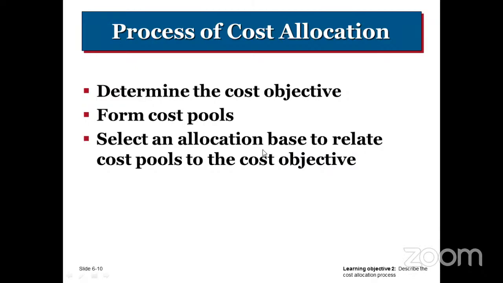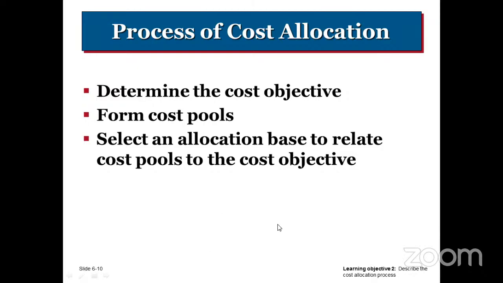So the allocation base is equivalent to total overhead cost, fixed plus variable, divided by the number of machine hours, number of labor hours, whatever basis you use. You can choose labor hours, machine hours, products produced, number of employees, square foot, whatever you like.